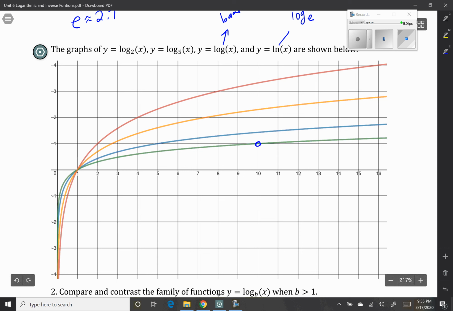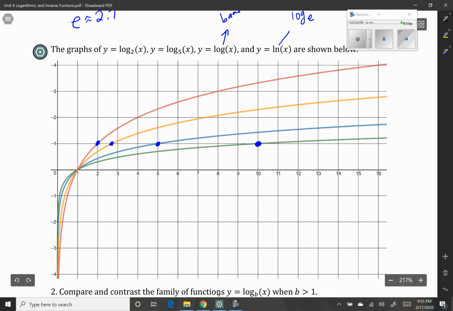So here's a point with a y value of 1. Here's one with a y value of 1. Here's one with a y value of 1. And here's another one with a y value of 1. So where these logarithms have a y value of 1, that's essentially telling you the base. Because when you have a logarithm, when the base and what you're evaluating are the same, the value is 1.